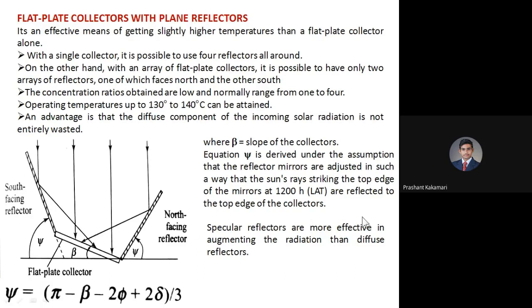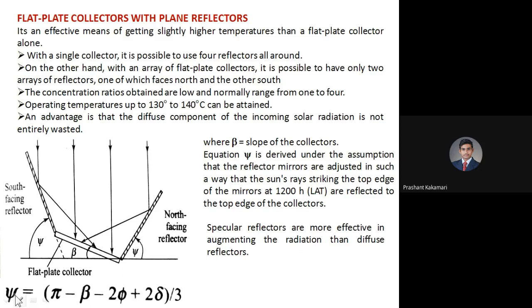So that all radiations are reflected to the top edge of the collector. Here you can see that from this end to this end, all the solar radiations are reflected back to the flat plate collector. In such a way, we find out this angle and it is kept constant. If a tracking system is there, there is no need to continuously find out the psi angle.